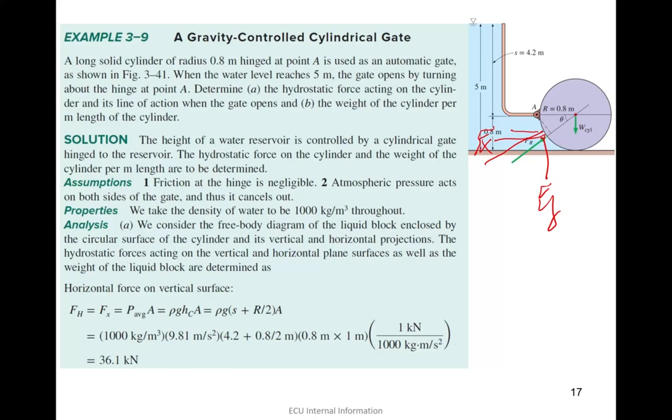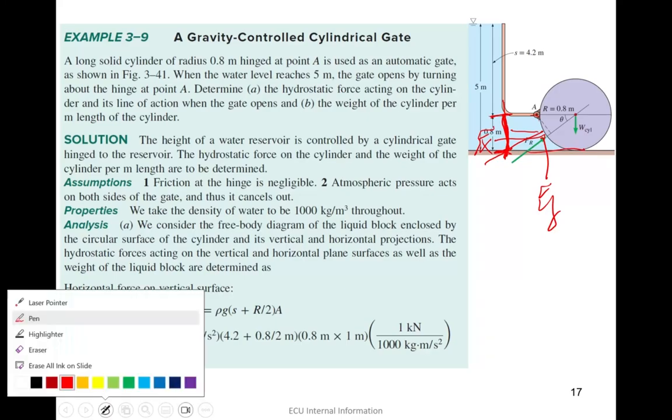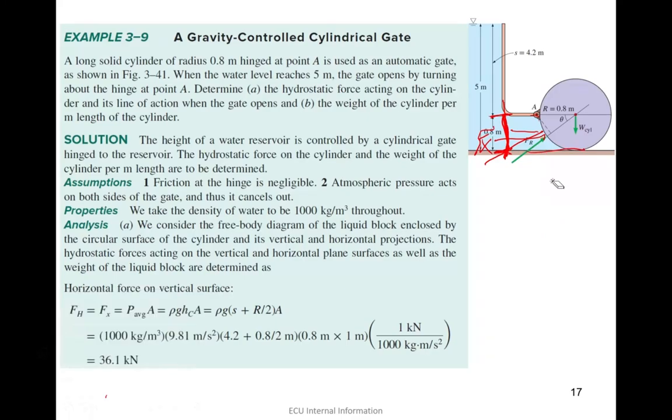Work out the projection onto a vertical line. The horizontal one would be the projected line, which would be along this one. The vertical one, let's say we do it like that.